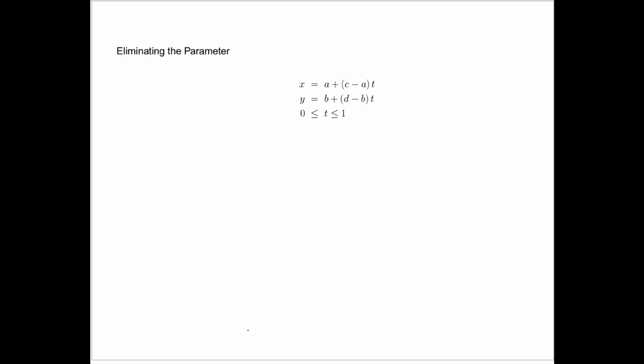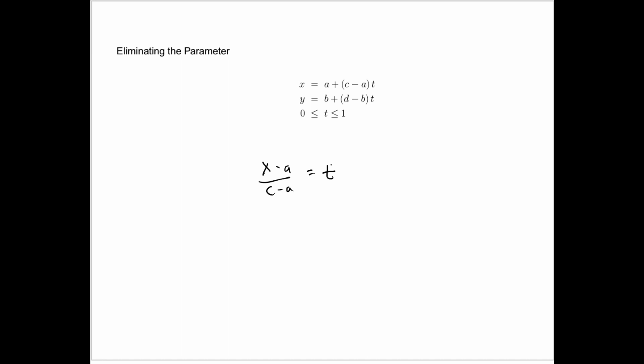Let's see how that looks when we eliminate the parameter for this curve, which you should recognize again from earlier. How can we eliminate the parameter here? Well, there's a nice trick here that if we look at the first equation, we can write (x minus a) divided by (c minus a), we get t. That's just solving the first for t.